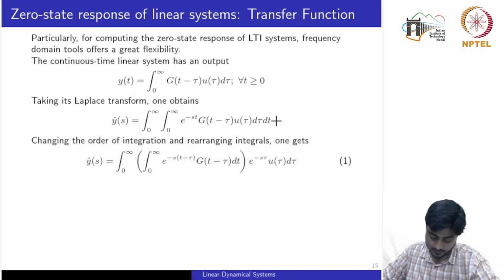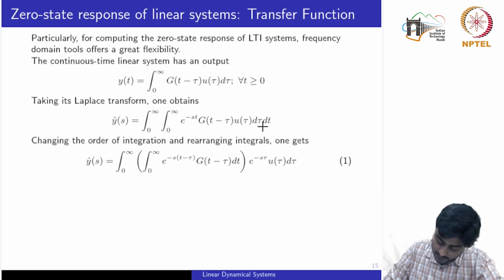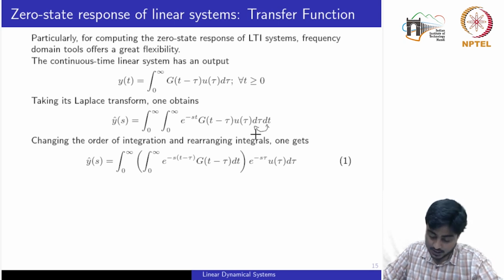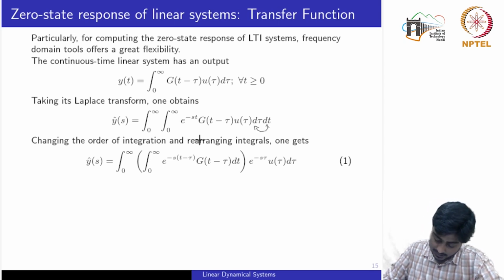Now we change the order of the integration and rearrange the integrals, interchanging d tau and dt. We club these terms, e to the power minus s times t minus tau.